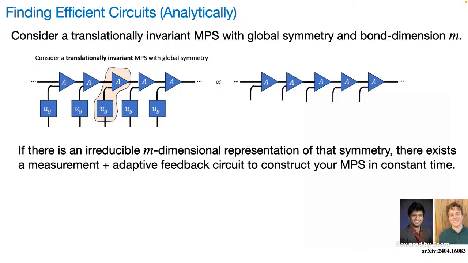Unless you're in some sort of fixed point, you will not get the irreducible representation dimension to be small. Usually the bond dimension will be larger than the irreducible representation. Yeah, so there's a representation on site, which is tiny, and in addition, that group also has an m-dimensional representation.